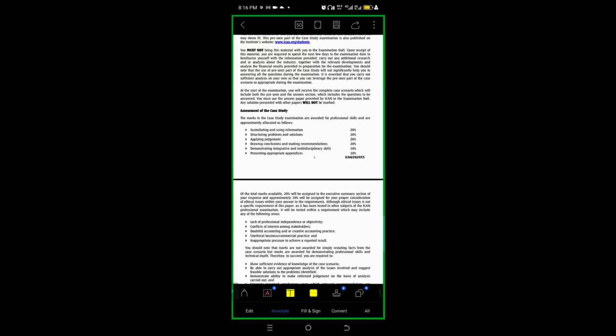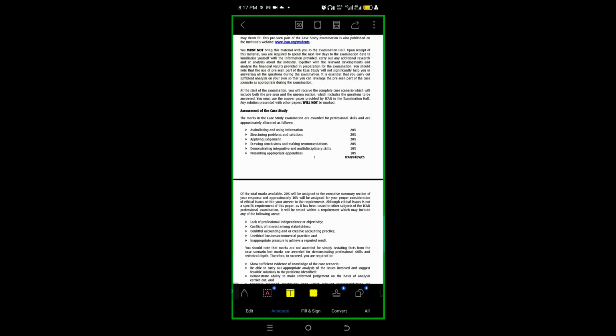So whatever I give you, whatever explanation I make, whatever I tell you, I believe that whatever you are able to discover on your own should be superior to it. That is the way I've trained you for this exam. So you should know that the use of the pre-seen part of the case study will not significantly help you in answering all the questions during the exam.